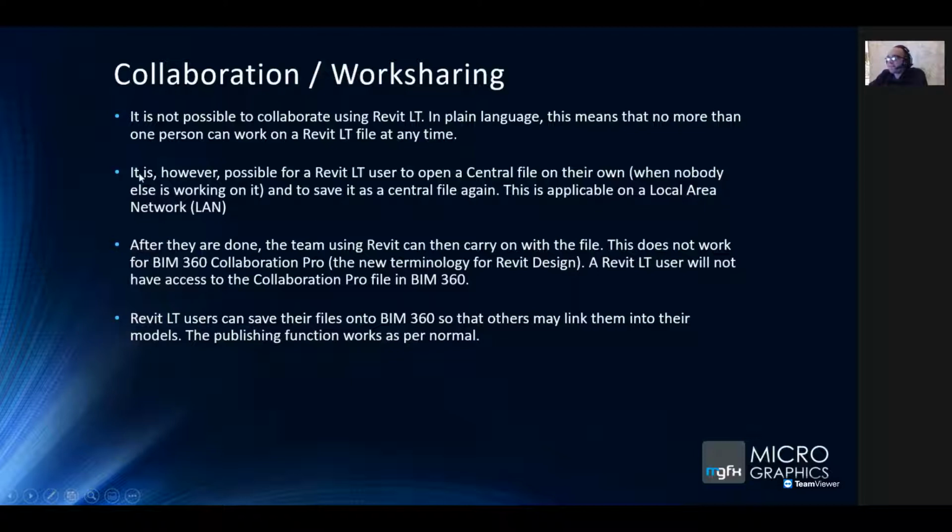It is, however, possible, if somebody does send you a central file, for you to open that central file and work on it on your own when nobody else is working on that file. That's from a network, from a local area network. Revit LT does not see the cloud models within the collaboration at all.